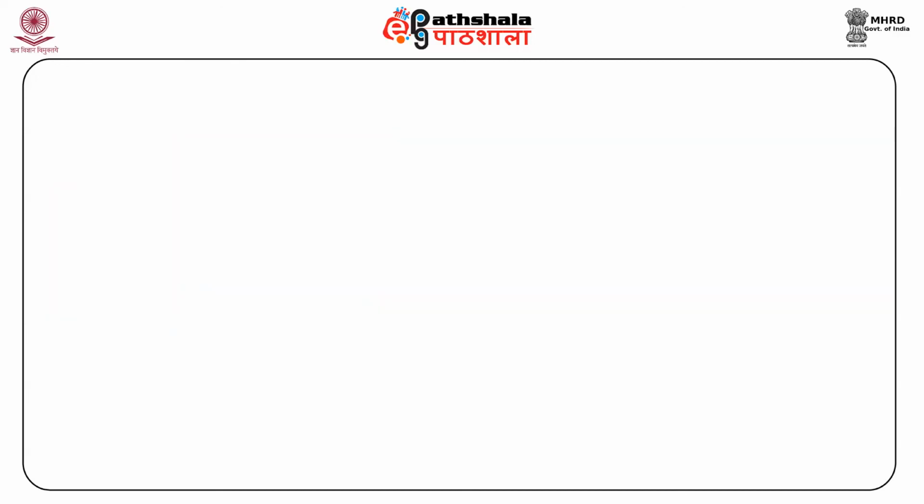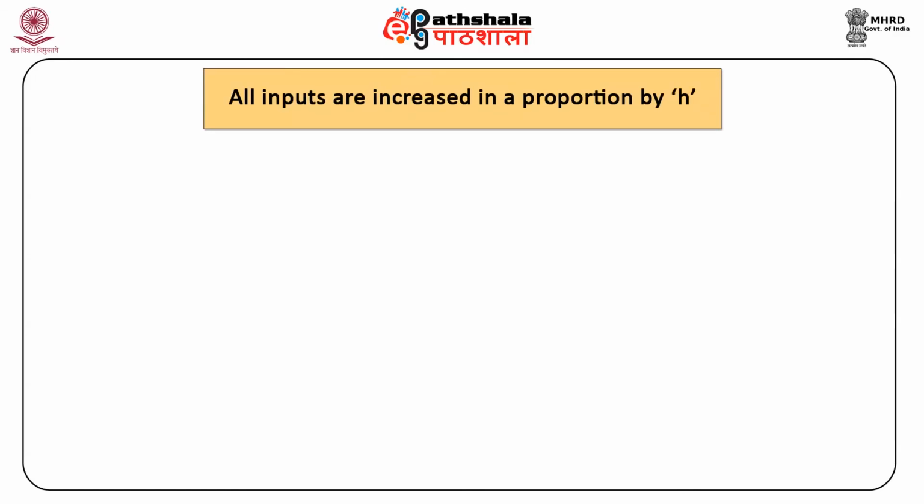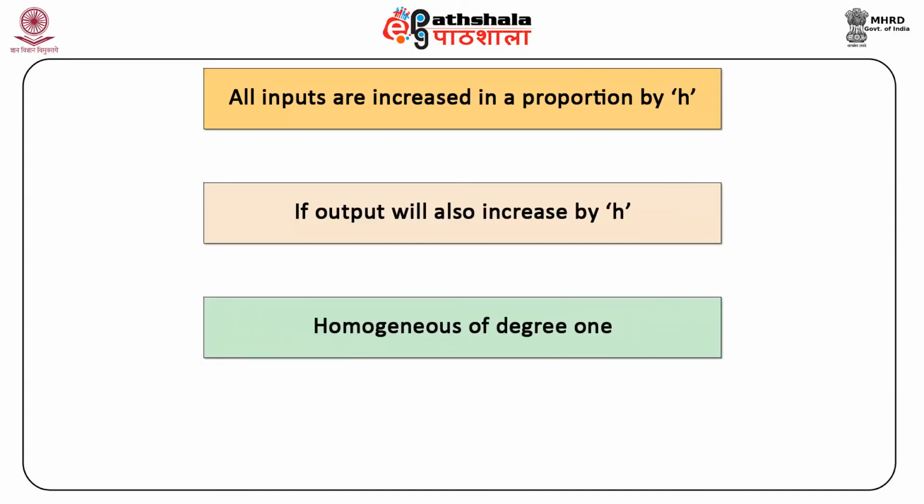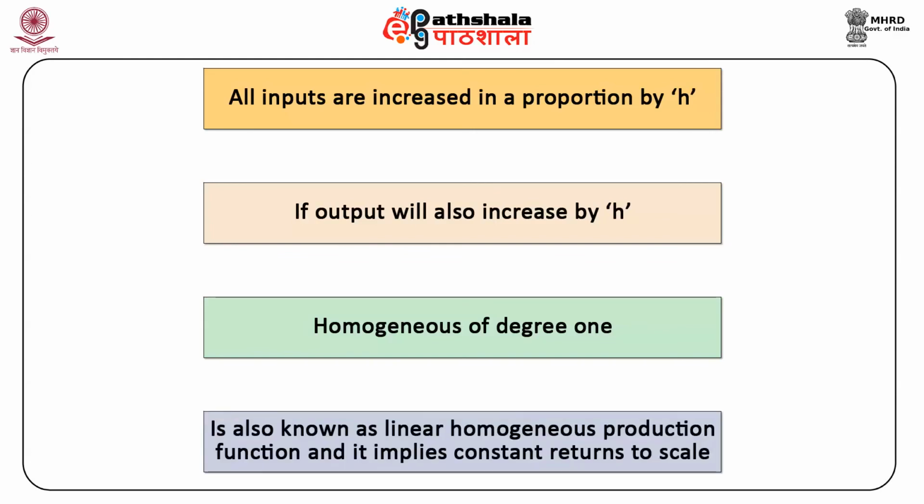For instance, if all the inputs are increased in a proportion by h, and the output also increases by h, then the production function is said to be homogeneous of degree 1. This is also known as linear homogeneous production function, and it implies constant returns to scale.